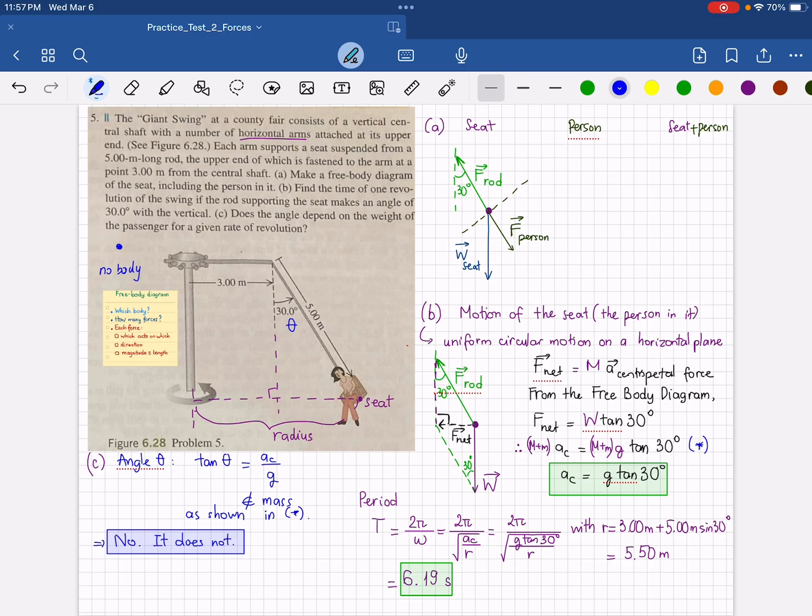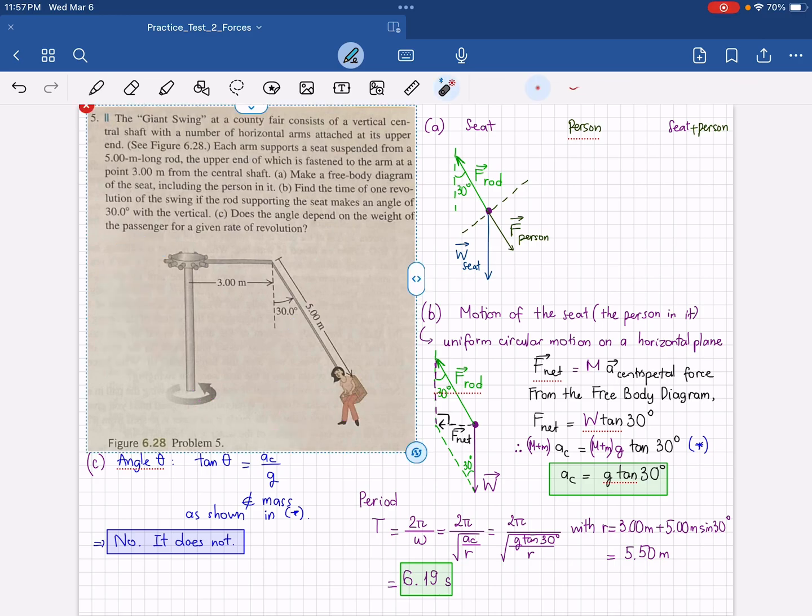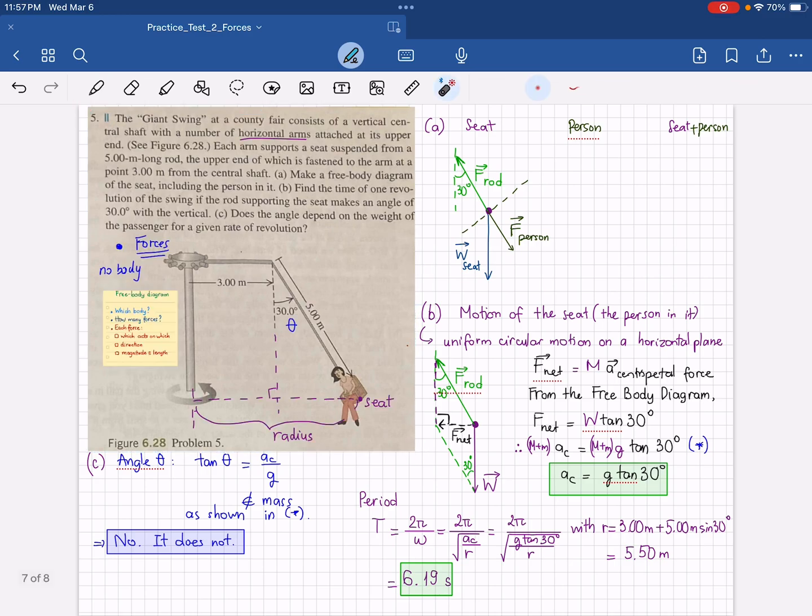And what we need to care about is the forces acting on that body. Why? Because we want to analyze how the forces acting on the body can affect the change in motion of the body.